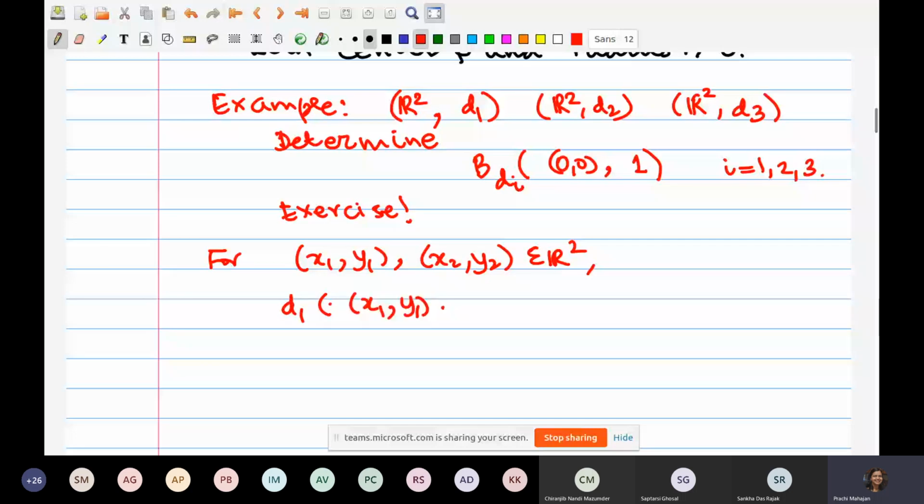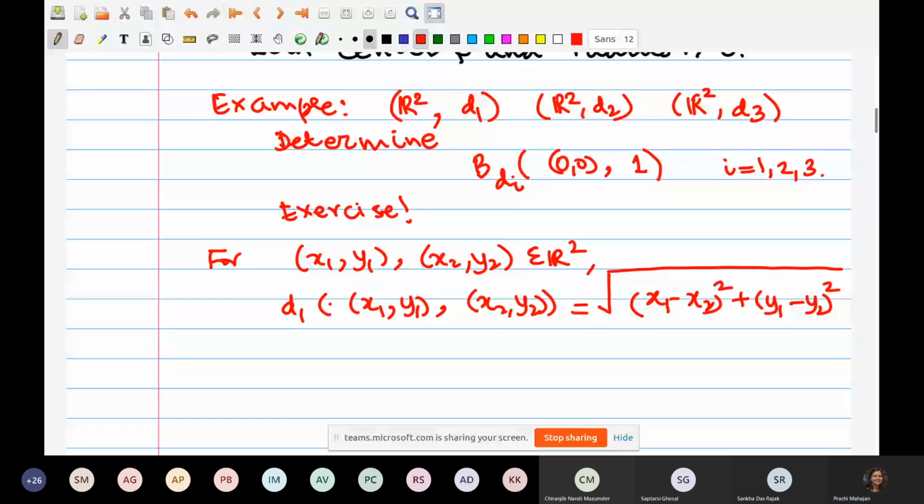This was the square root of (x1 minus x2) squared plus (y1 minus y2) squared. And if I remember correctly, last time I gave this example and it was a little exercise to check that this indeed defines a metric on R2.